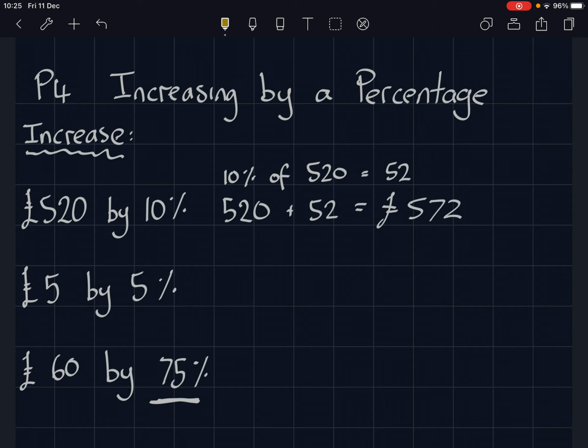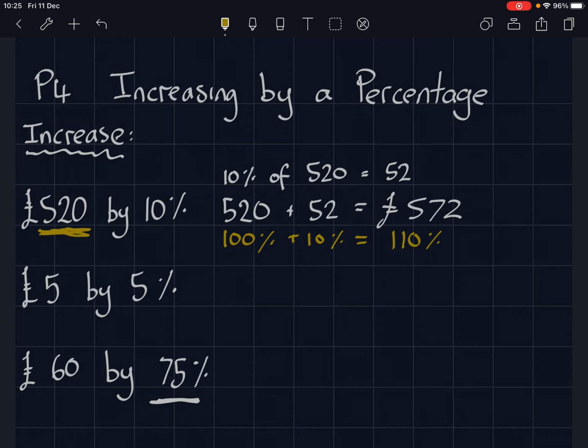We could also do this with a decimal multiplier like we looked at in P3. So what we have to realise is 100% is represented by this original amount, and then we're going to add on 10%. So in the end, we're going to have 110% of the value.